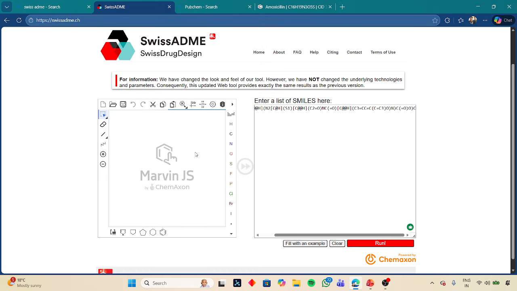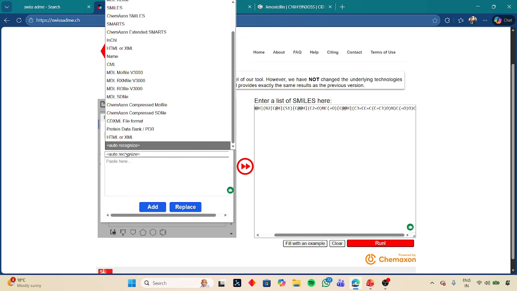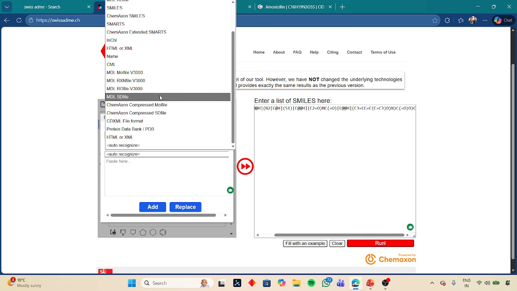You can see that we have downloaded the amoxicillin. It is now open here. You can also open the drug molecule through the input option, and you can see the input files you can provide.